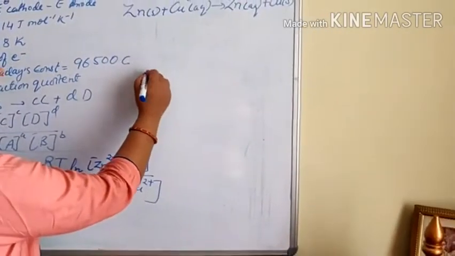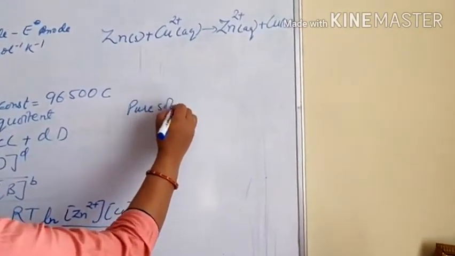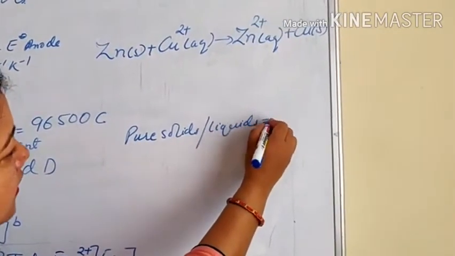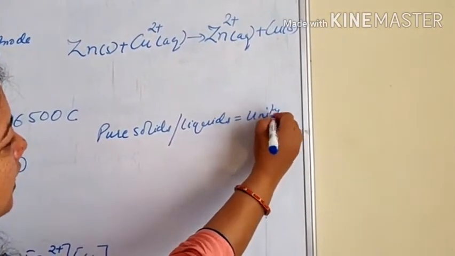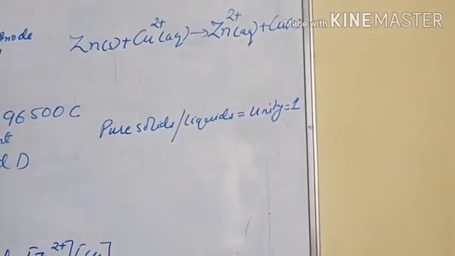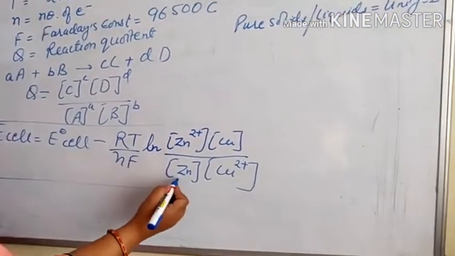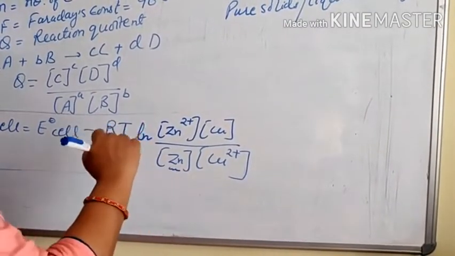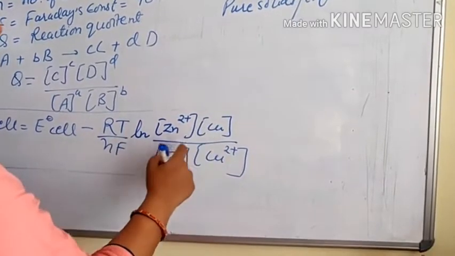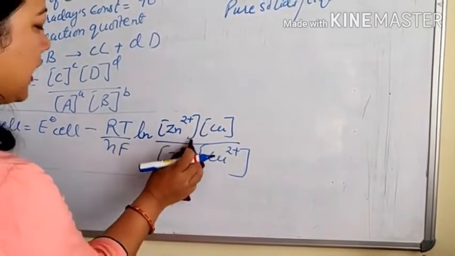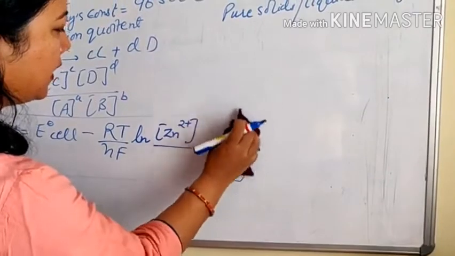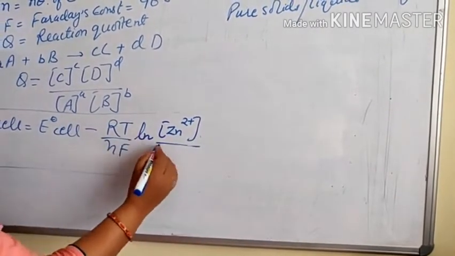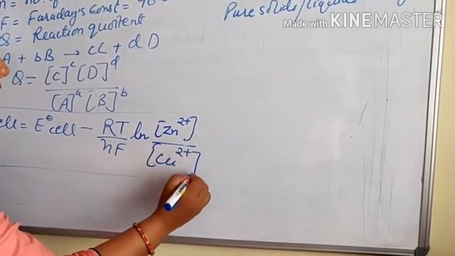And you know that for pure solids and pure liquids, the concentration is considered to be unity, that is equal to 1. Therefore, the concentration of pure solids, that is zinc and copper, can be replaced by 1. So these two terms can be ignored or replaced by 1 in the equation. So our equation becomes Zn2 positive upon Cu2 positive ion.